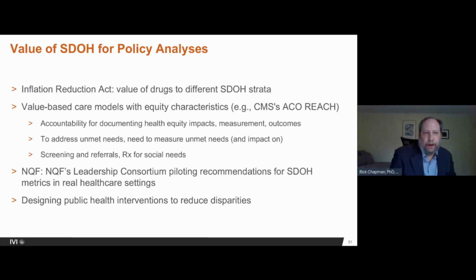I think there's also some new value-based care models that are coming out. For example, the ACO REACH model that CMS has recently promulgated. And those are explicitly looking for health equity plans. And so they're hoping to have some accountability for documenting those health equity impacts, measurements, and outcomes. Hopefully that can help to start to address some of these unmet needs.